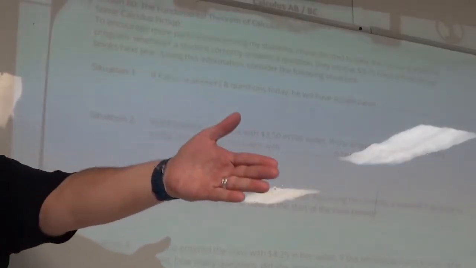Other theorems that have names include what? Other important theorems. The MVT, which stands for what? The mean value theorem. The Pythagorean theorem is not a calculus thing. That was an 8th grade thing, but it has a name and it's your birthday, so we'll count that. The MVT, the mean value theorem. The IVT, which stands for the intermediate value theorem.